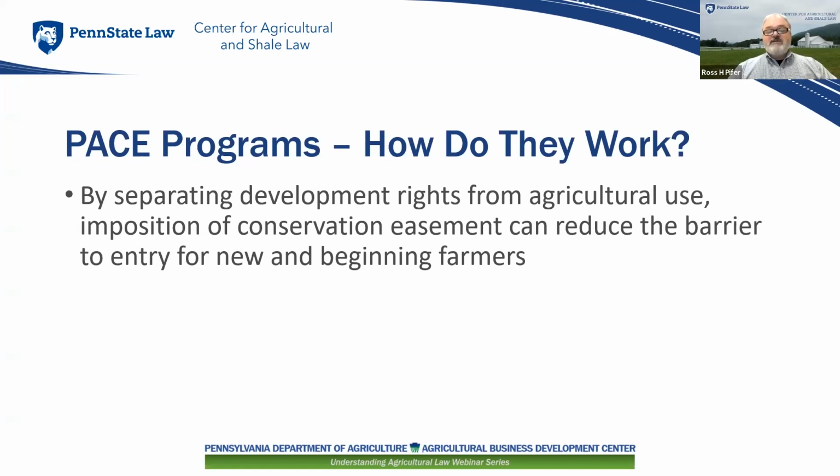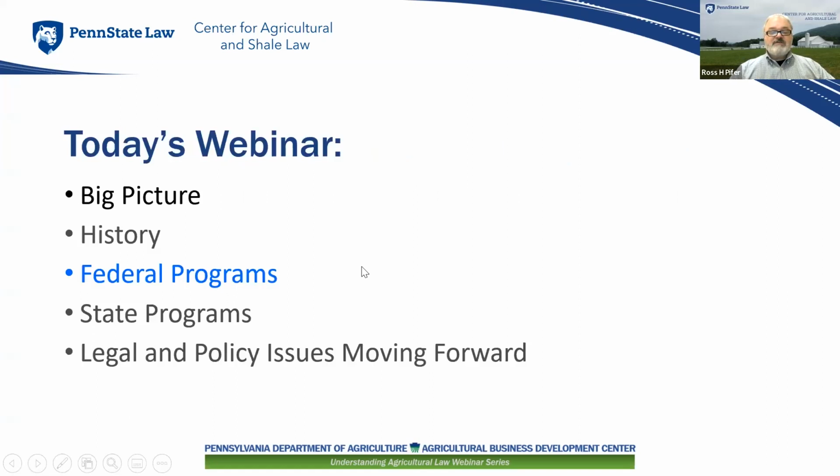And this can be a pretty effective tool for new and beginning farmers as well, because in theory, it should make this land more affordable, because it can only be farmed. It can't be developed for residential or commercial purposes.